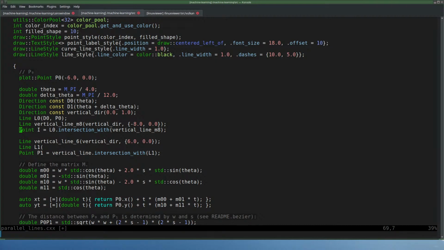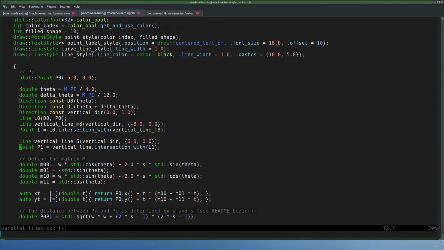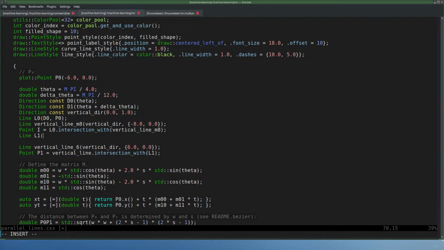And then I can define L1. L1 is the line through, well, L1 has a direction D1, which we already defined, and goes through the intersection point for obvious reasons. That's why it's the intersection point. So now I have both my lines. We have the directions, the points, P1.